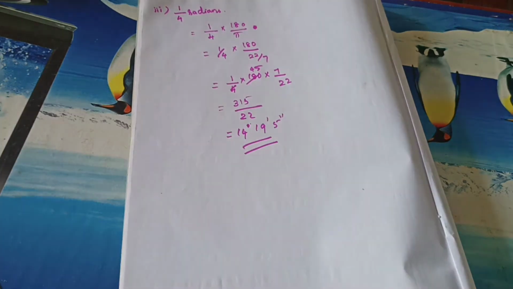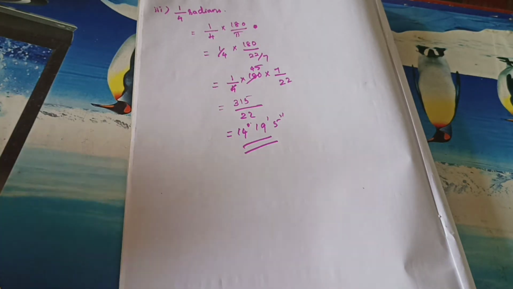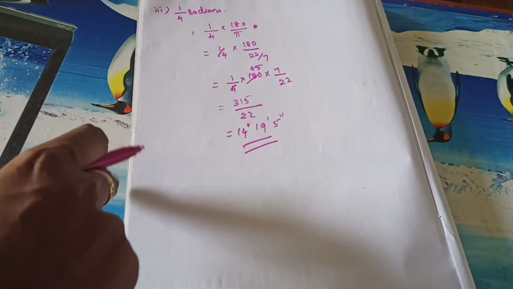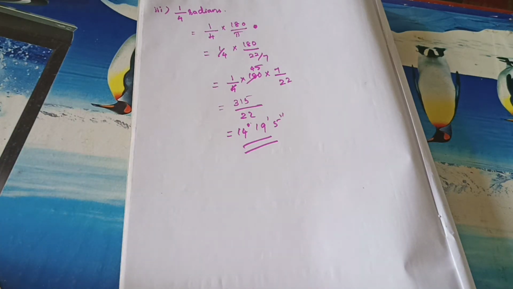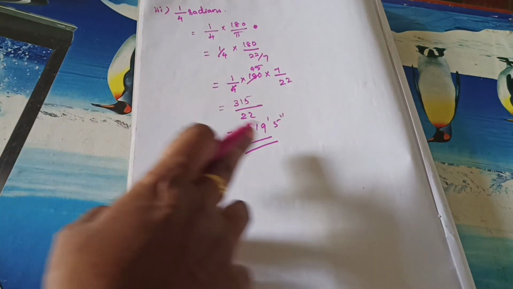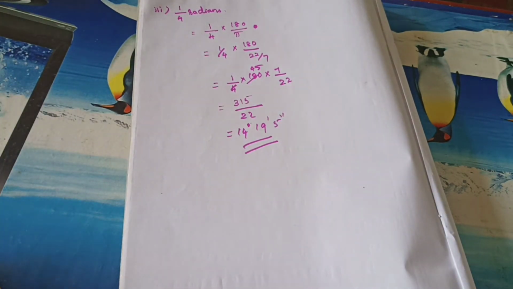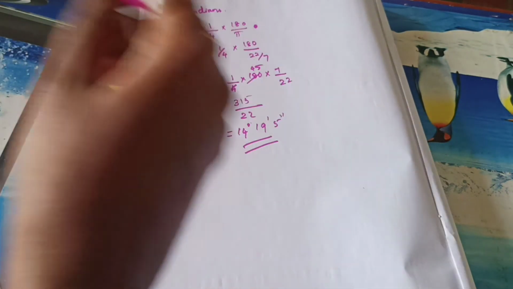You can calculate this using the calculator. Otherwise, 1 degree means how many minutes? 60 minutes, is it right? So according to the degrees you get when dividing, you write the minutes, and the remaining we write as seconds. Otherwise no problem, here itself you can stop, both are correct.